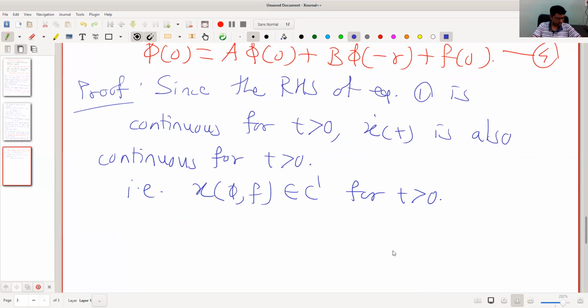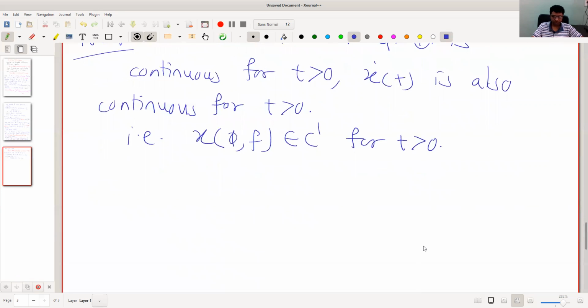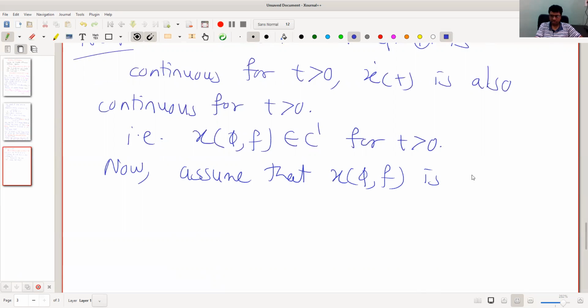We assume that this solution x is C1 at t equal to 0. Now assume that this x of phi is C1 at t equal to 0. That means this x of phi has a continuous derivative at t equal to 0.